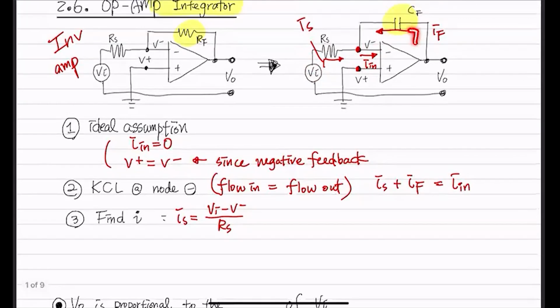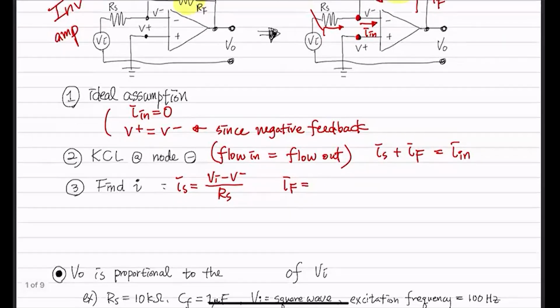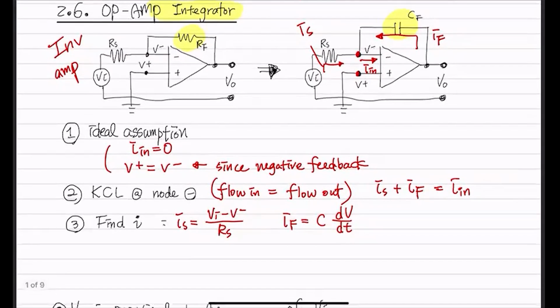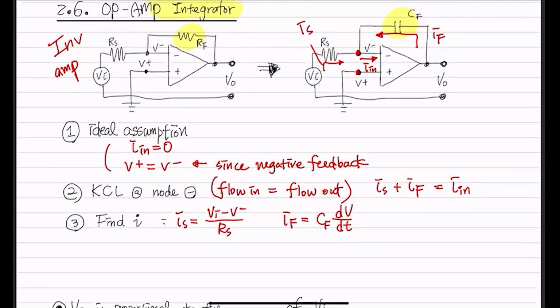What about the current that flows across here? We should be careful here. Across the capacitor, there's no Ohm's law anymore, right? We should use the capacitance value, so it's C dV/dt. And that capacitance was CF, the feedback capacitance. And the voltage V here is going to be what? V out minus V negative. So the voltage across these 2 points, V out and V negative, that is going to be differentiated, and that is multiplied by your capacitance.